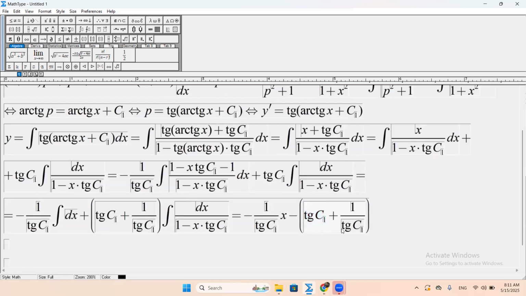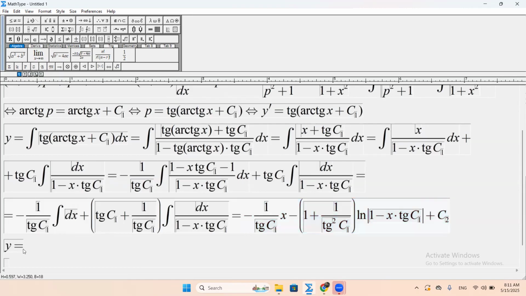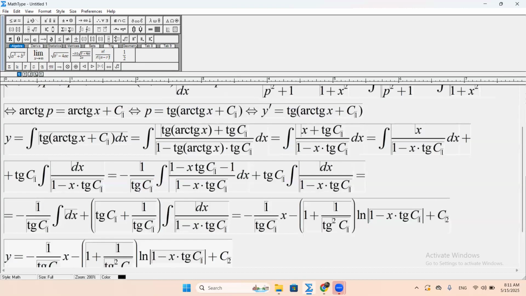We divide by 1 over tangent of C1, squared, and this is a logarithm of the module of this denominator, plus C2. So the final answer will be the following: y equals this expression, and this is the general solution.